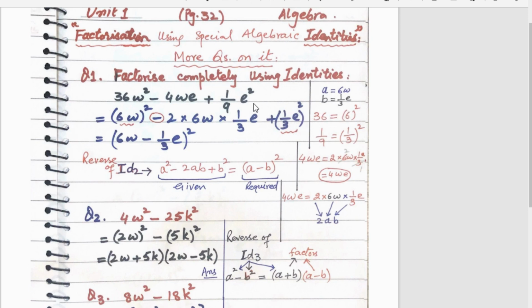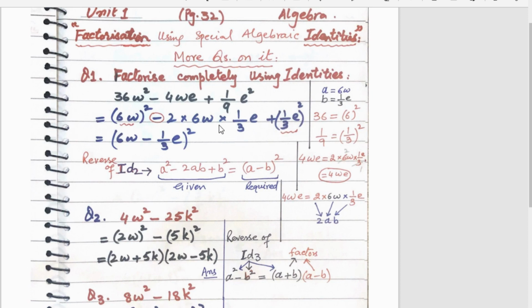Here in this expression, when we have written it in the form of 2ab, a square and b square, our a is 6w, our b is 1 by 3e, and our 2ab with negative sign is 2 multiplied by a, because a is 6w, and multiplied by b, because b is 1 over 3e.